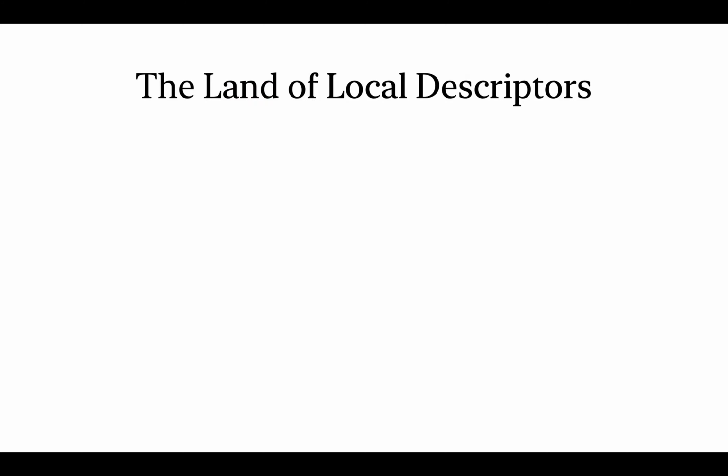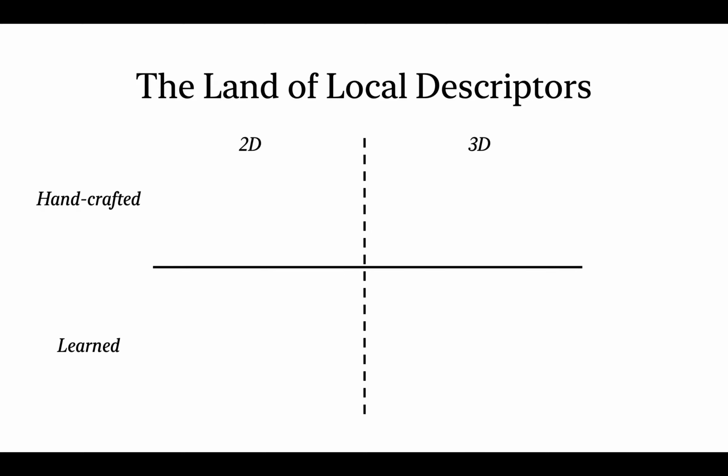To give a little bit of perspective, let's consider all of the works about local descriptors up until now. First, we can divide the literature of local descriptors into 2D and 3D domains. Second, we can further classify the descriptors by their approaches, either handcrafted or learned.